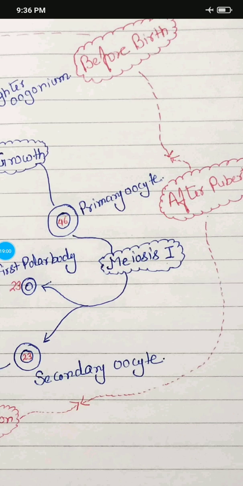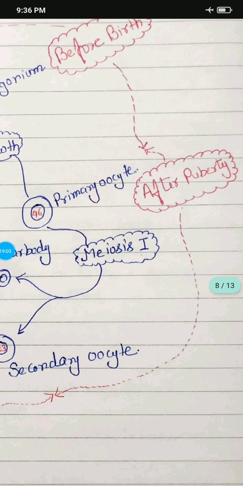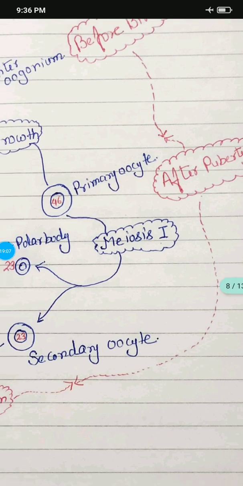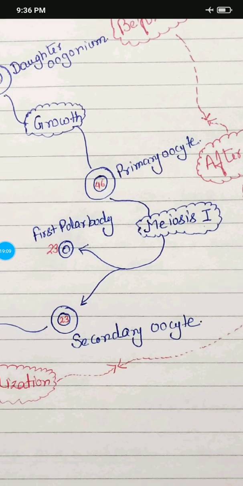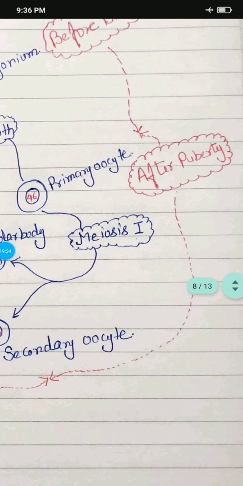Listen very carefully: the primary oocyte undergoes meiosis 1 division after maturation, that is, after puberty, and creates a secondary oocyte, because meiosis divides and reduces the chromosomes. Now the first 23 form a polar body and the second 23 form a secondary oocyte, which is very important. The polar body is released and degenerated. The secondary oocyte is now used further. Here this is the puberty part.